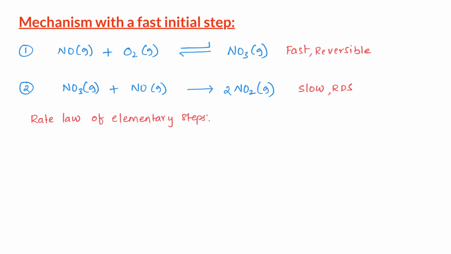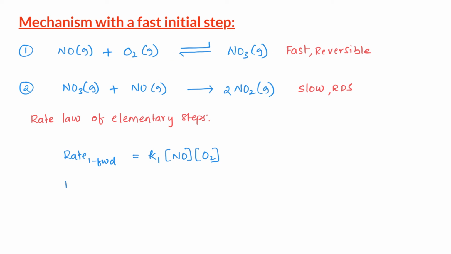As we can see, the step 1 of the reaction is a reversible reaction, which means we can write down the rate law for both the forward and reverse reactions. The rate law for the forward reaction is rate 1 forward is equal to K1 times concentration of NO and concentration of O2, which are the reactants for forward reaction.